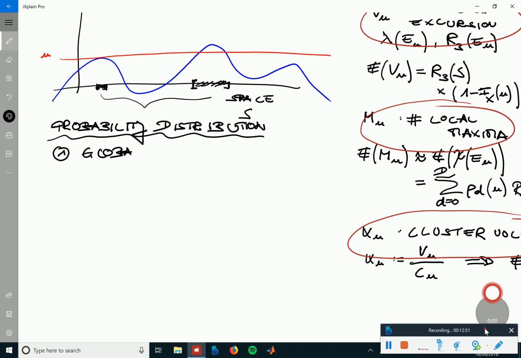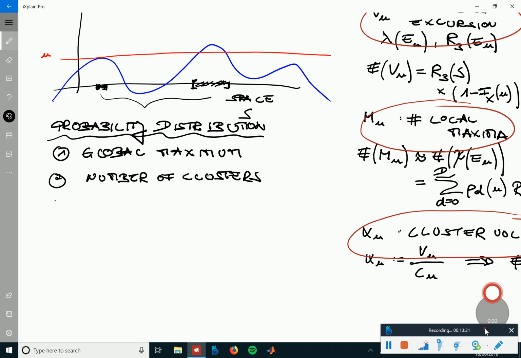Why we need this will only become clear once we talk about the multiple testing problem, but we can nevertheless discuss its distribution now. Then we need the distribution of the number of clusters. Currently we only have the expected number of clusters, but we now need a full distribution of the number of clusters to make these kind of p-value statements.